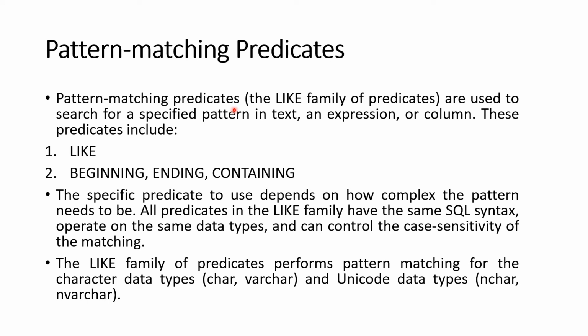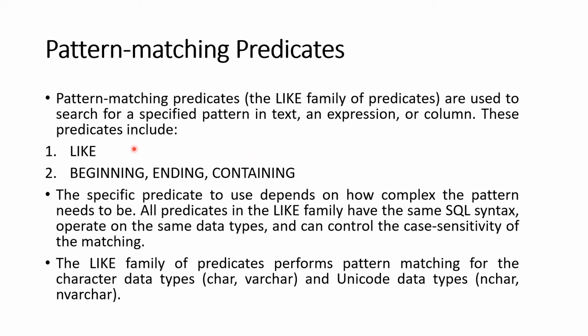Here we have pattern matching predicates. We have three types: beginning, ending, and containing. These basically match the pattern. If we want to check a name or something, then we have the like predicate. The pattern matching predicates, the like family of predicates, are used to search for a specified pattern in text, an expression, or a column.